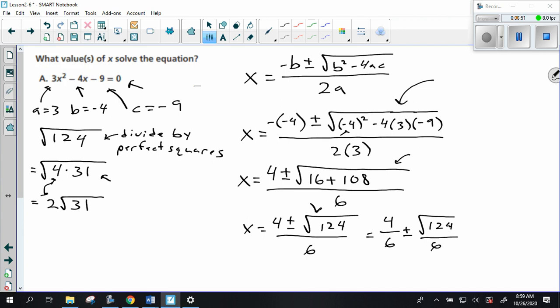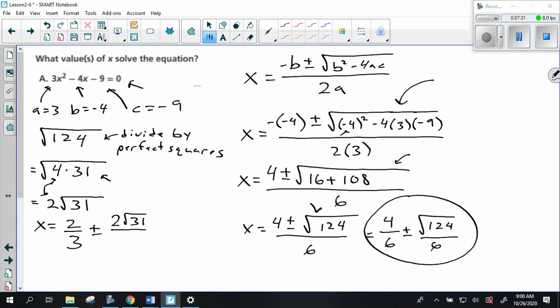So now my last step is to simplify some fractions. I'm going to write what x is over here on the bottom left-hand side of the screen, because I'm running out of room. I'm essentially simplifying all of these things. 4/6 is going to become 2/3, plus or minus, and now instead of the square root of 124, I'm going to write that as 2 root 31 divided by 6.